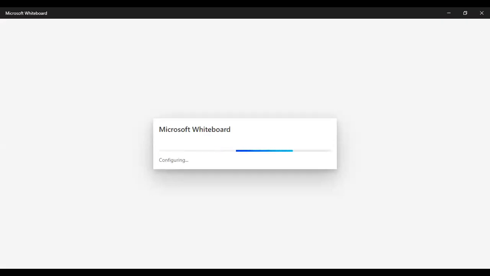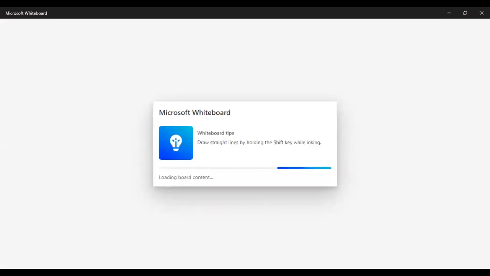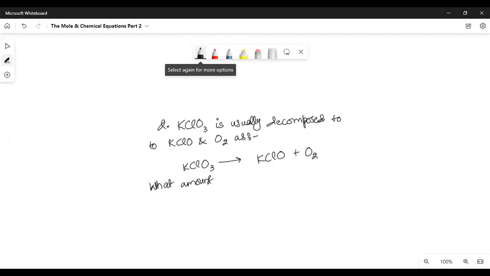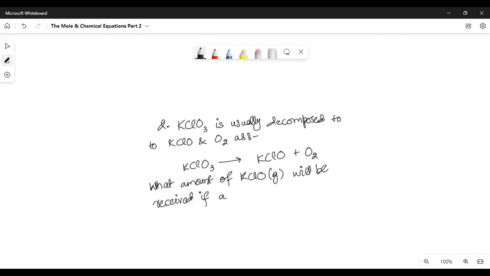So what amount of KClO, in grams, will be received if 100 grams of KClO3 are decomposed.